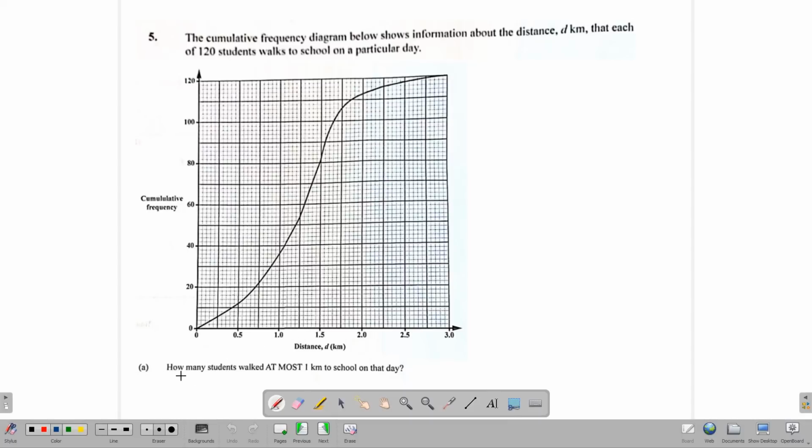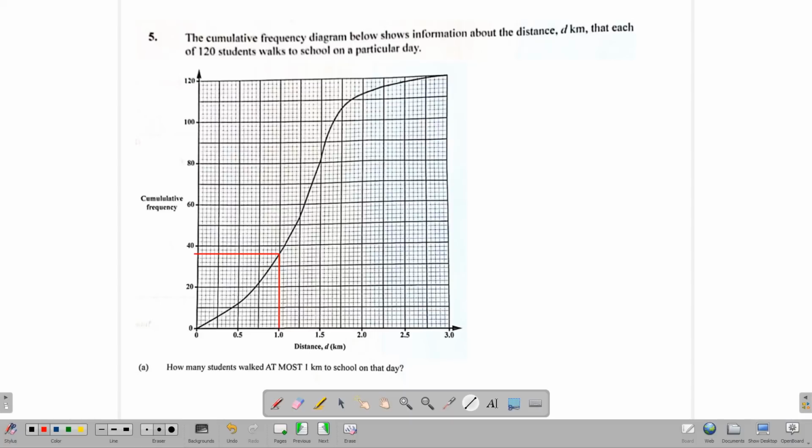Our first question is, how many students walked at most 1 kilometer to school that day? To find our answer, we're going to go to 1 kilometer, draw a straight line or a broken line up to the curve, and read off that number going across.